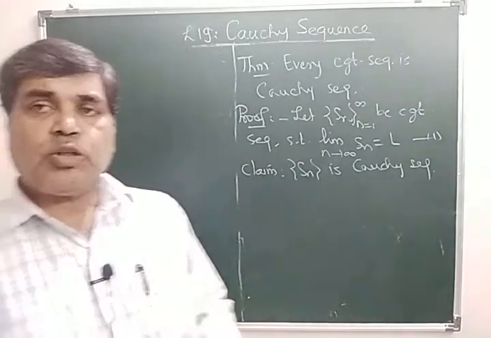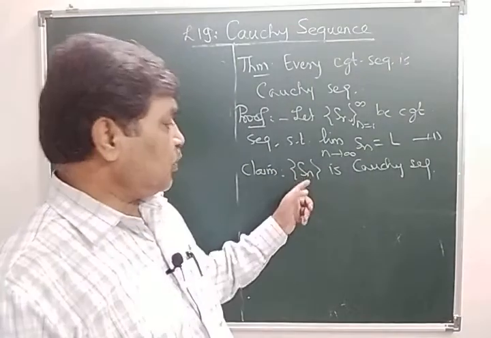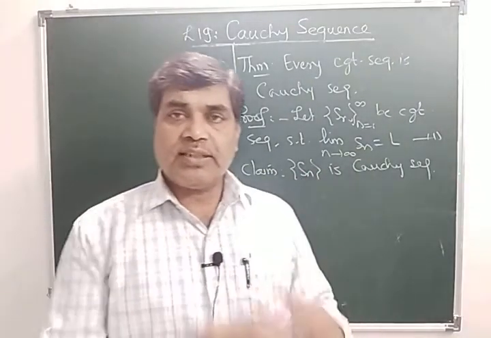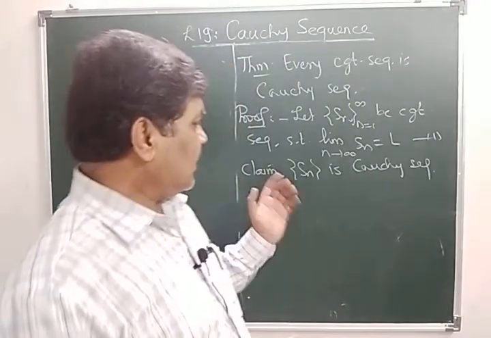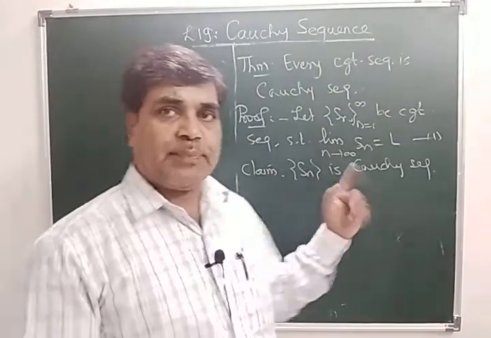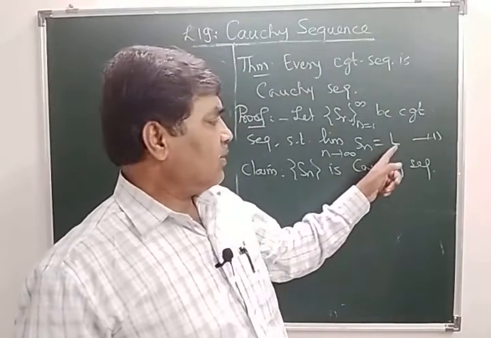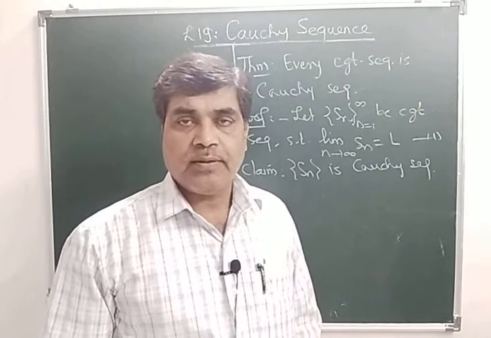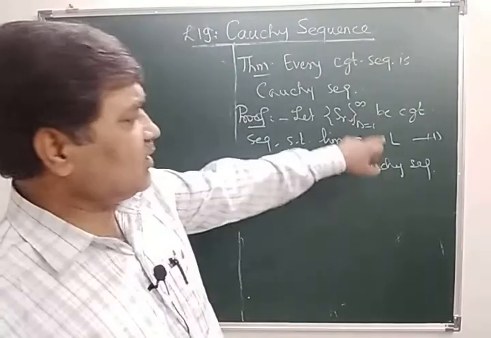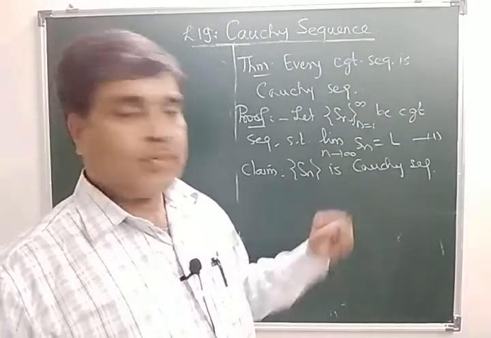This means for given epsilon greater than 0, we have to find some positive integer n naught such that mod Sn minus Sm is less than epsilon. And we have to relate that mod Sn minus Sm with epsilon via the limit of the sequence, because we have to use convergence of that sequence somewhere. Is it right? So we have to insert L in mod Sn minus Sm.